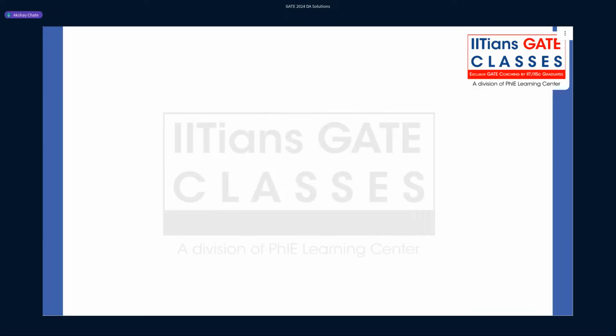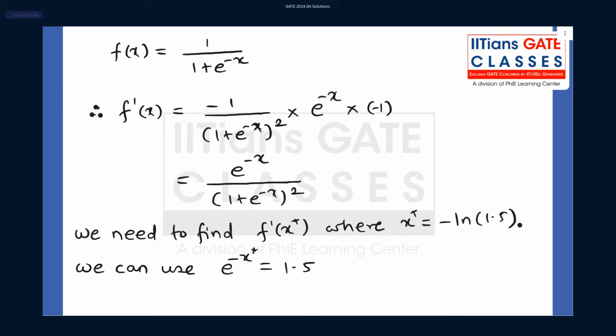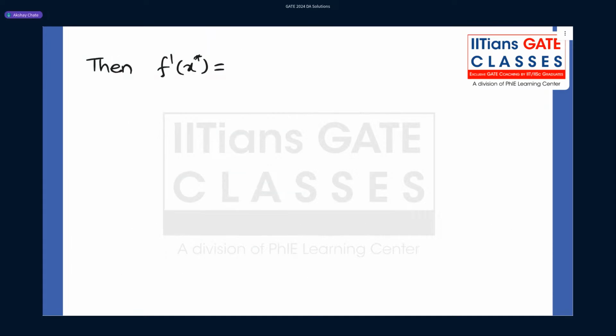If you do that, then f dash at x star, which is the final objective of this question, is nothing but e to the power minus x. I'll just write it down here.